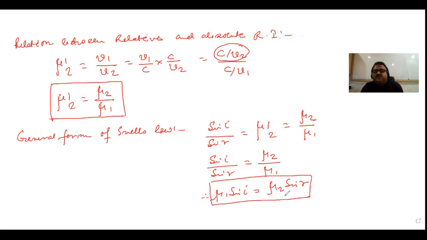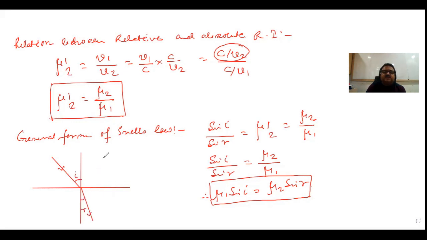What is the advantage of this? Let me show you something. According to this, for example, take a diagram first. This is the normal. A light is moving from this medium to this medium. Okay. Now look. This is I, the angle of incidence. This is the angle of refraction.